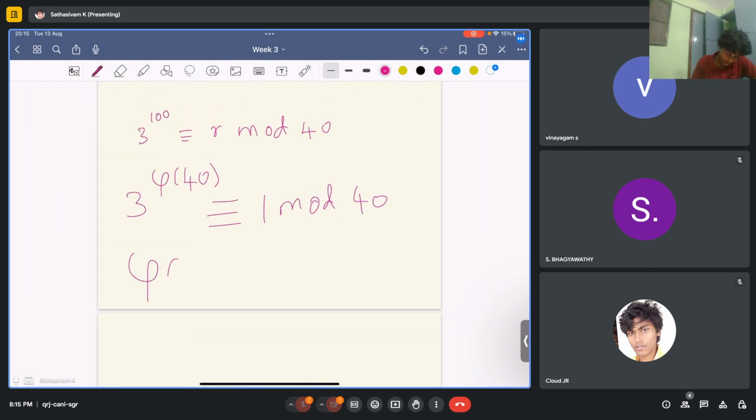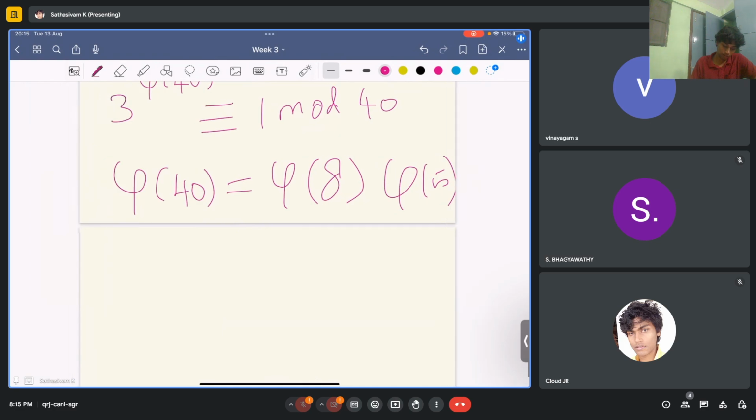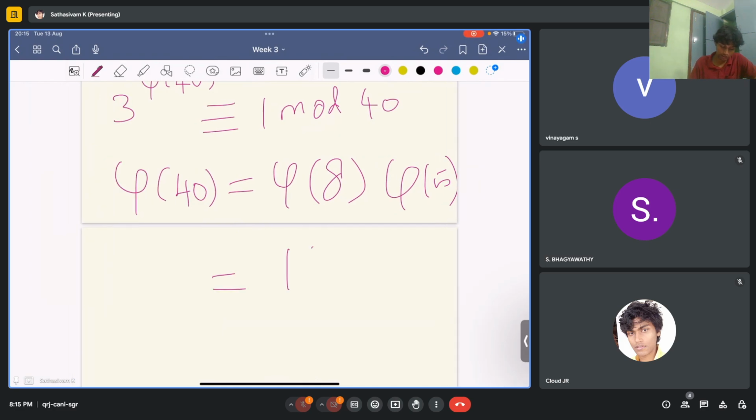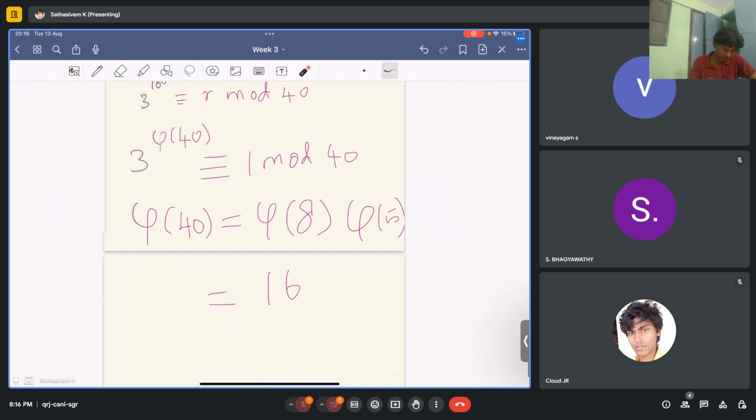Phi of 40 is nothing but phi of 8 times phi of 5, I think, if I am right. And if you compute it, you will get 16. Phi of 8 is 4 and phi of 5 is also 4. So you get 16 here.